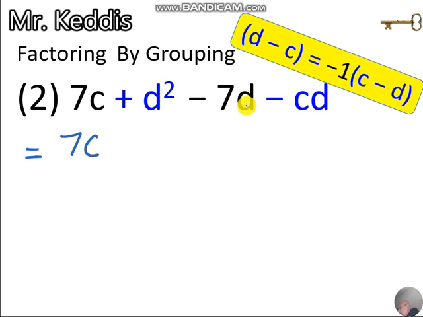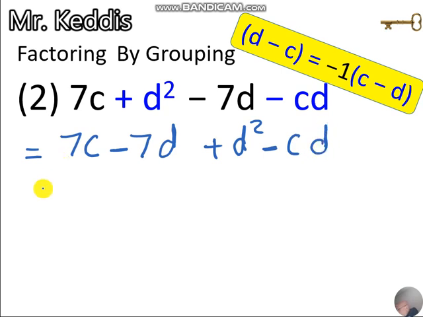I bring the 7d over here, minus 7d, because I can take 7 as a common factor. Here plus d squared minus cd. I take 7 as a common factor times (c minus d).